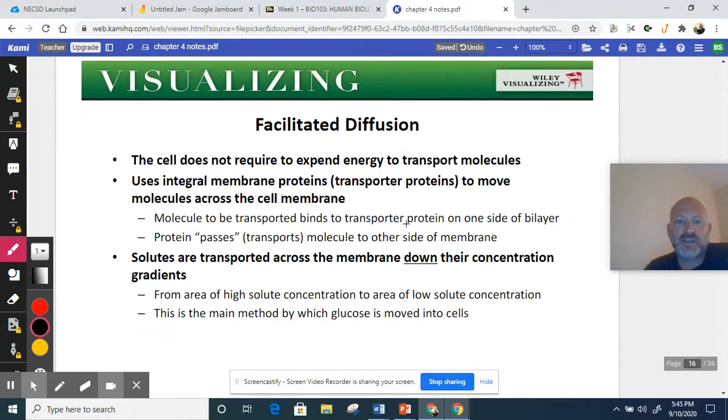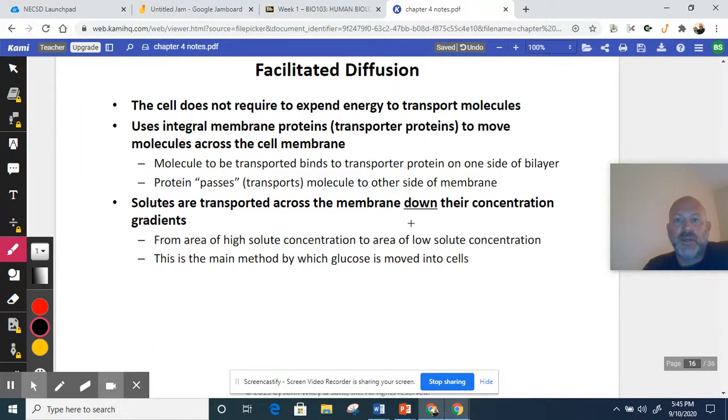That's an isotonic solution. So facilitated diffusion happens like before when I said, when we have these phospholipids making up the cell membrane, and then we got the tails here. These are the hydrophobic tails.